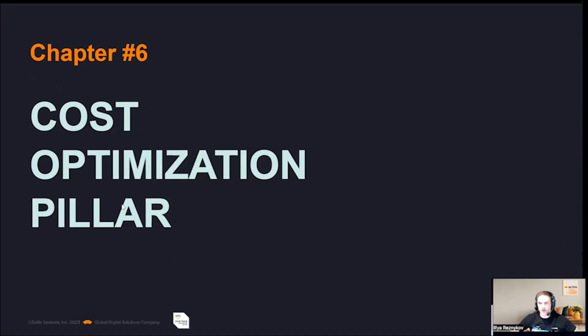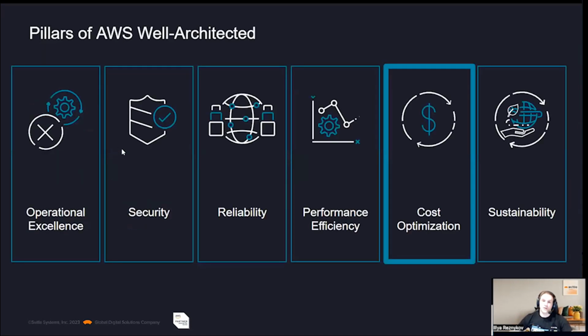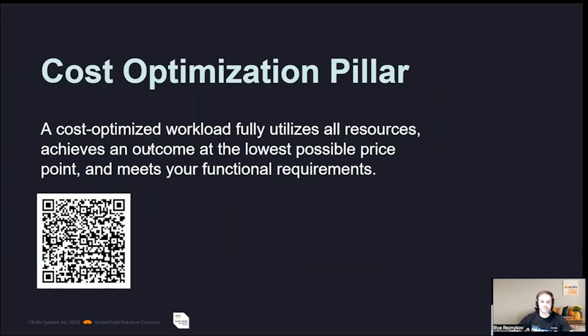Next pillar, which I would also like to give additional attention, is the cost optimization pillar. This is the fifth pillar in default order, but for some workloads it definitely should be one of the most important pillars. By definition, the cost optimization pillar is about creating a cost-optimized workload that fully utilizes all resources, achieves an outcome at the lowest possible price point, and meets the functional requirements of the workload.